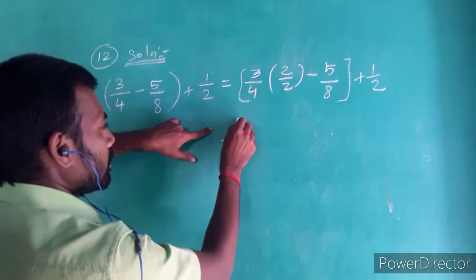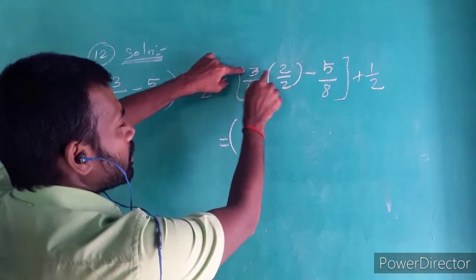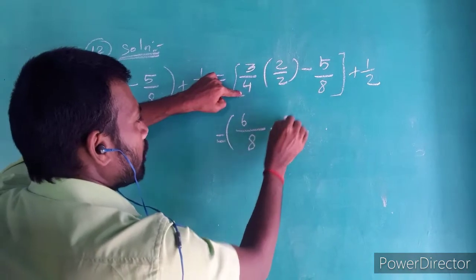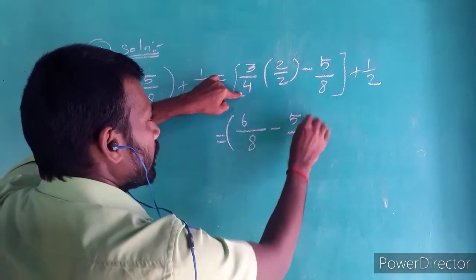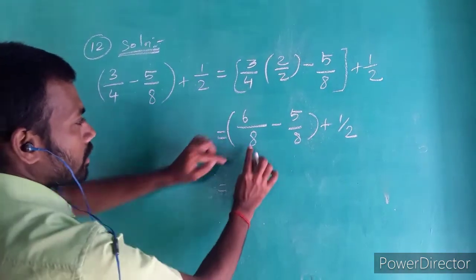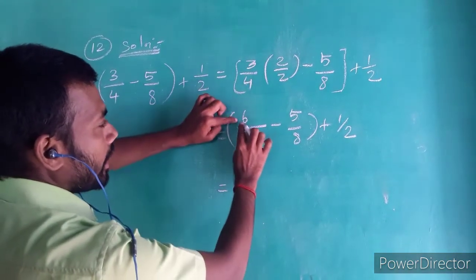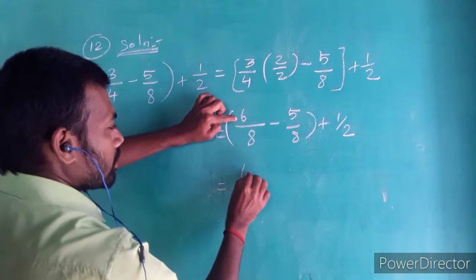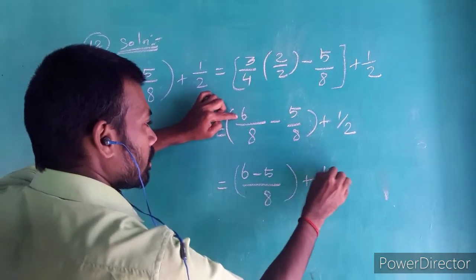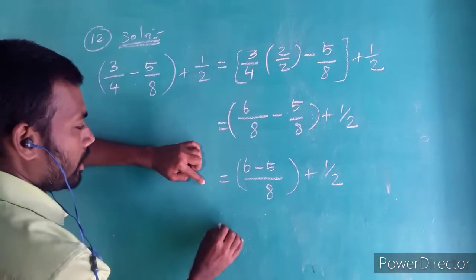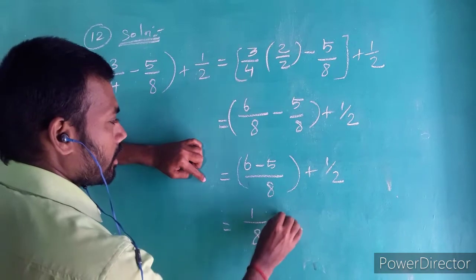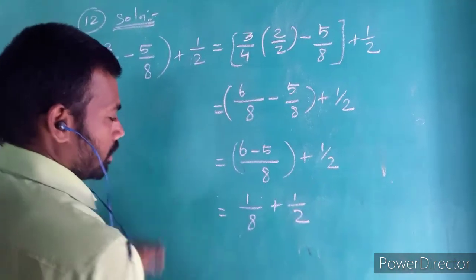Next, it is equal to 3 2s are 6 by 4 2s are 8, minus 5 by 8 plus 1 by 2. The denominators are the same, so directly add the numerators: 6 minus 5 by 8, plus 1 by 2, is equal to 6 minus 5, the answer is 1. So 1 by 8 plus 1 by 2.